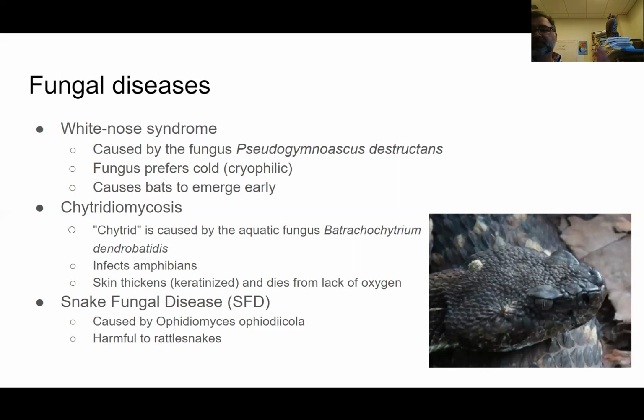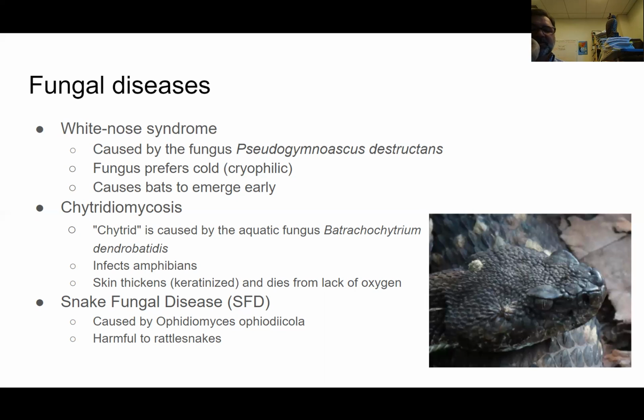Now that people are aware, there's a big movement to clean your equipment with a weak bleach solution, and there's some antifungal agents you can use on your equipment as well. All right. In fact, we just heard a paper about cleansing agents for snake fungal disease.